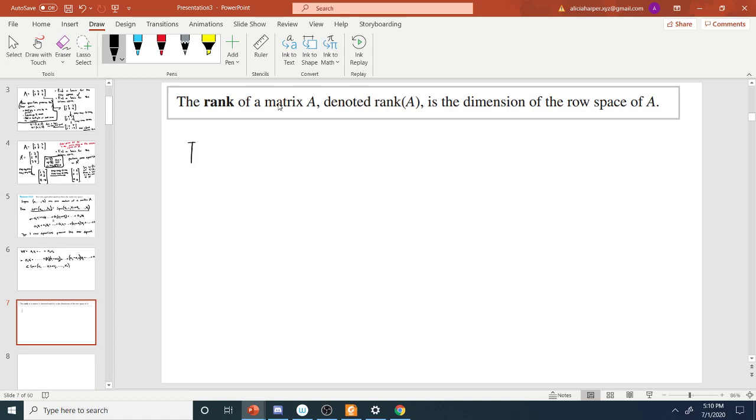The rank of a matrix is a measure of the dimension of its image.